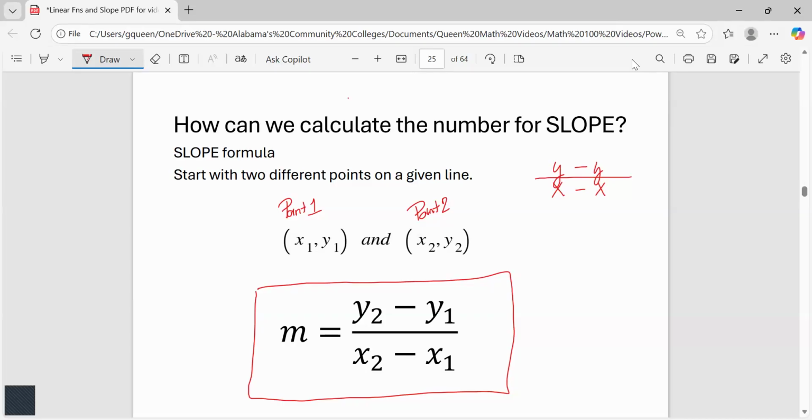Okay. Now, one other thing. I know you probably have seen this formula. I know you probably have used this formula before. The one thing that will save you points every time is to use parentheses. If you put parentheses around the two y values and parentheses around the two x values, you'll never get it wrong. The problem is when you don't use parentheses around those and you have negative numbers for some of these quantities, you do it too fast in your head.